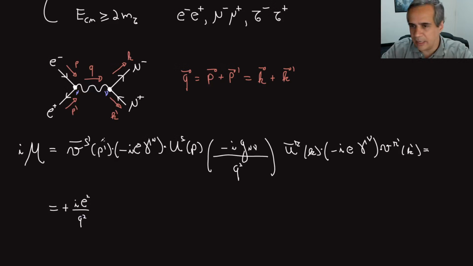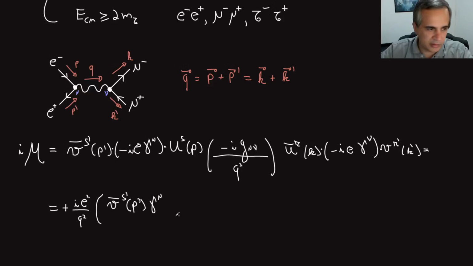And then I have these blocks which are matrix products in spinor space, and I'll keep them encapsulated for now because I don't want to write all indexes straight away. v bar s prime p prime gamma mu u s of p, and I can take this g mu nu here and just bring this nu down as a mu.